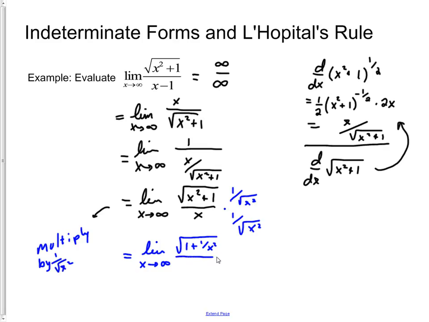In the denominator, we get x times 1 over the absolute value of x. As x goes to positive infinity, the absolute value of x is equal to x, so we don't have to worry about that. These cancel out, and we get the square root of 1 plus, as x goes to infinity, 1 over x squared goes to 0, divided by 1. Well, we get 1. This is a method that we covered earlier.